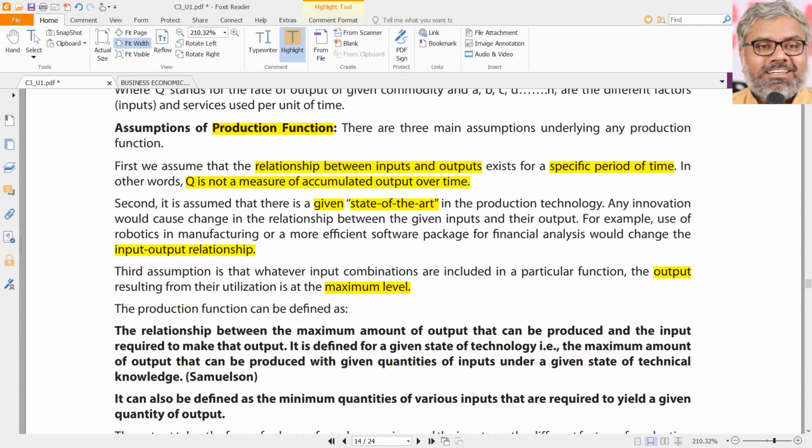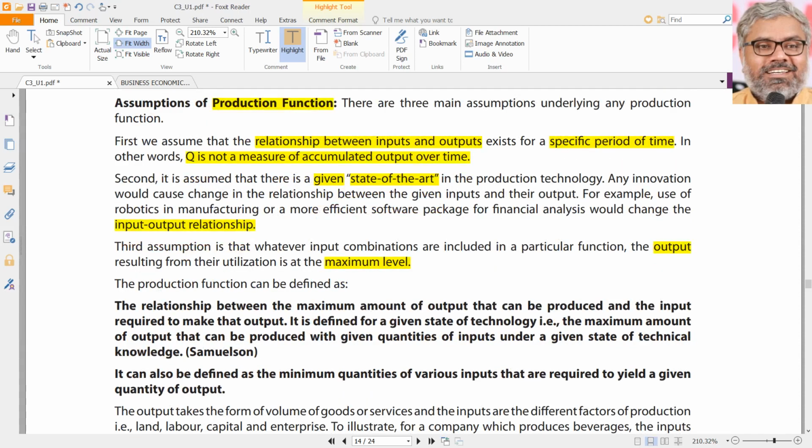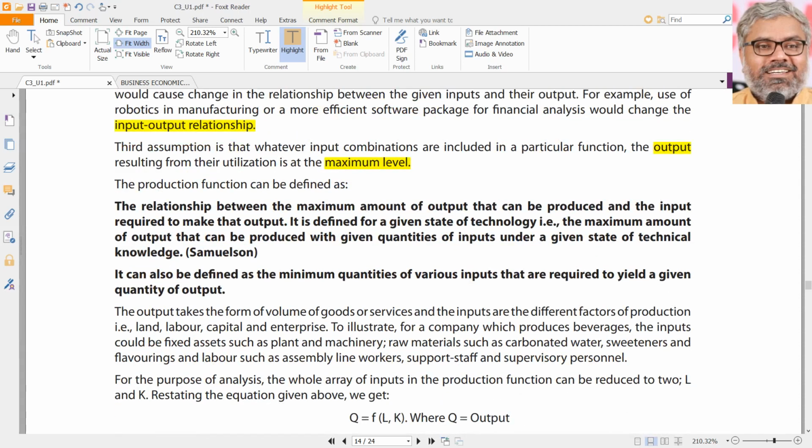That production is a flow concept, not a stock concept. Technology is constant. Output expressed in the production function is at the best level of output. That is the best possible outcome, we can say. That is the maximum level. So that's what the production function is all about.